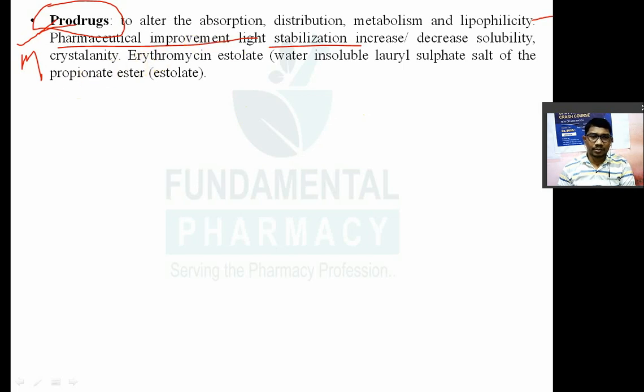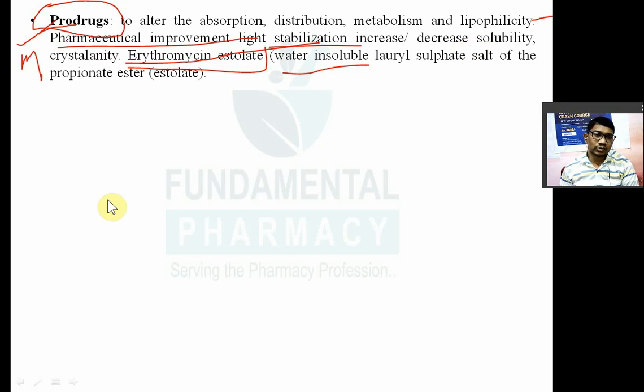For example, here one example is given: erythromycin estolate. Erythromycin estolate is the prodrug. It is a water insoluble lauryl sulfate salt of the propionate ester.